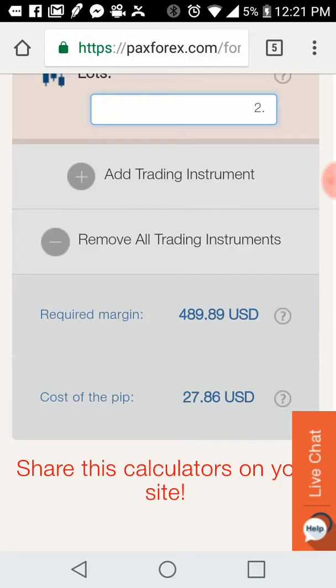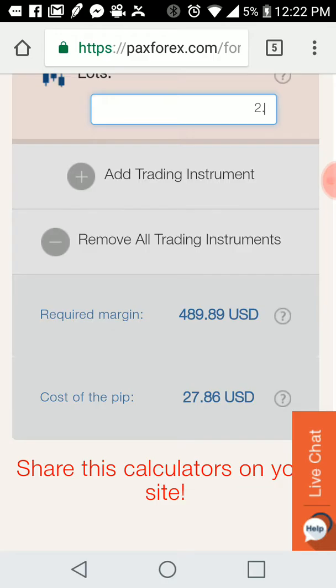All right, 2 lots on the euro pound will require $489.89 in margin, and it will produce $27.86 a pip. So if you wanted to cover $150 at $27 a pip, you would need approximately 6 pips. And that will give you the approximate range.